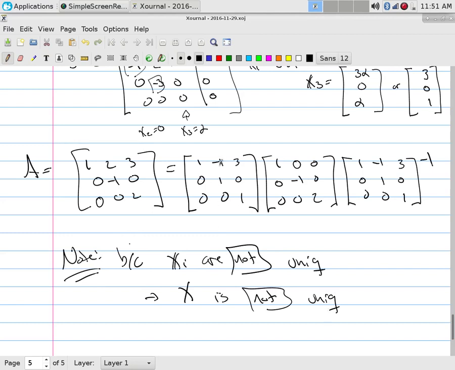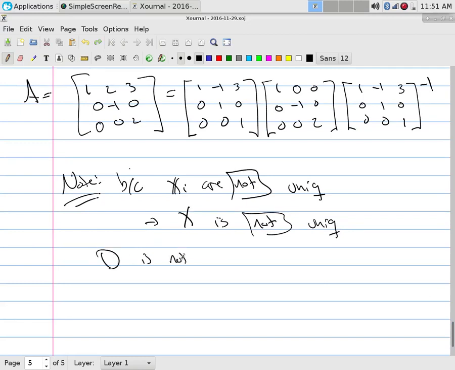Like I said, instead of this being negative 1, 1, I could have actually made this minus 0.5 and 0.5, but that means this is minus 0.5 and 0.5. And guess what? Multiply that all out, it will still make A. Which would somewhat make sense because it's on both sides. So it doesn't matter which of the scaled vectors you pick. As you do this, in the end, it's not unique.